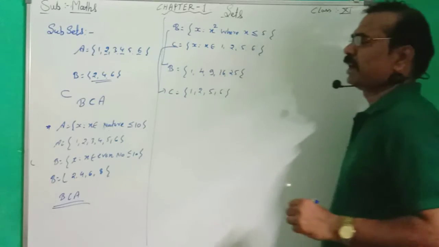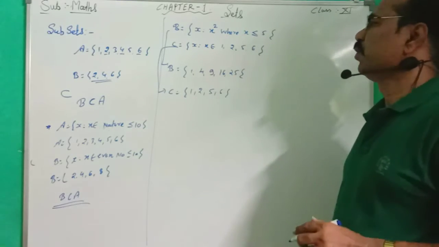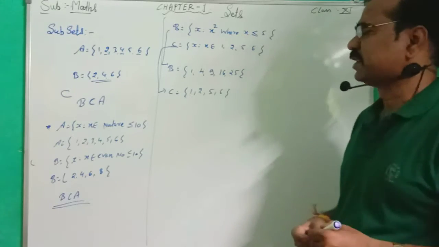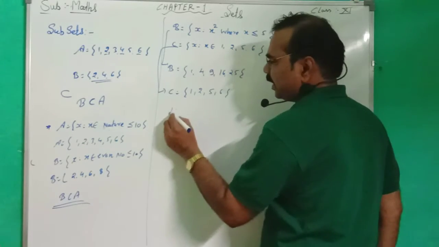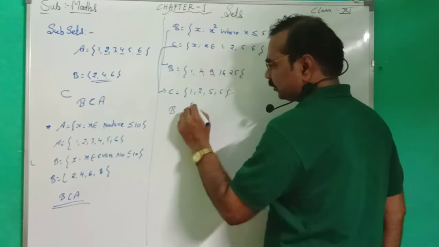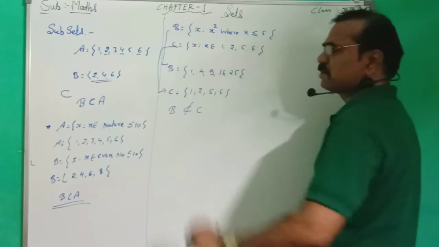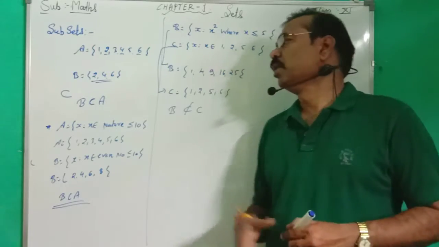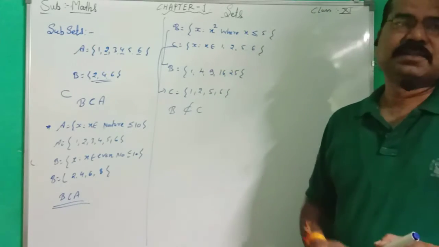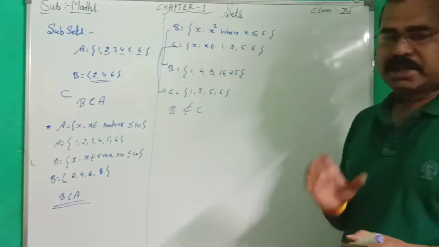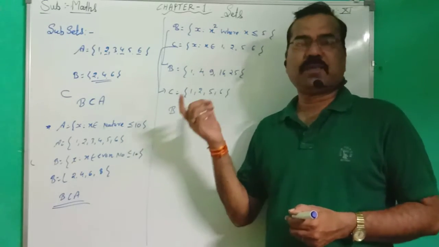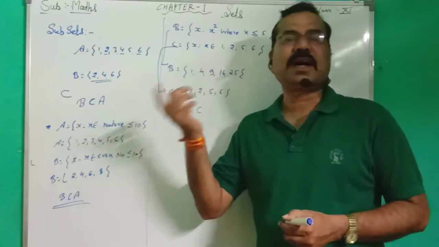Students, you can see that B is 1, 4, 9, 16, and 25, and C is 1, 2, 5, 6. So B is not a subset of C. Why? Because not all the elements of B belong to C.